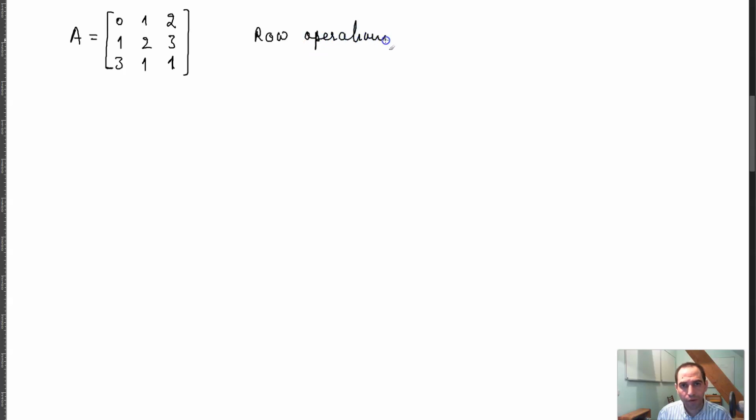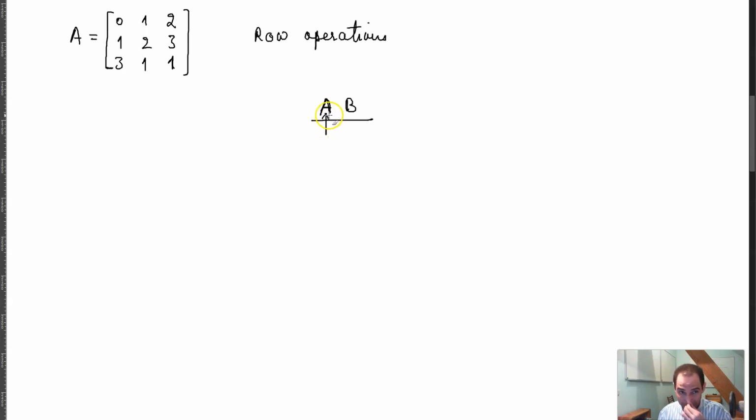Now, using row operations, you know that the row operations have to be done if you are multiplying two matrices together. The row operations are done on the matrix on the left, I'm sorry.